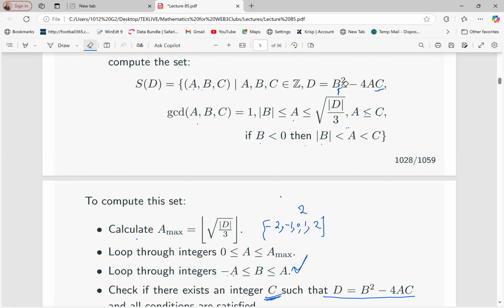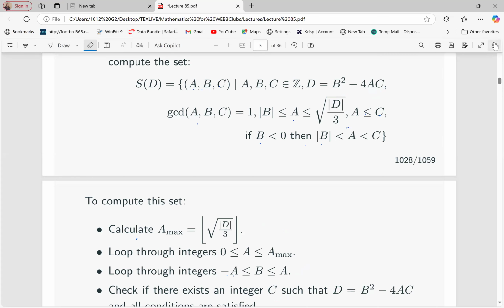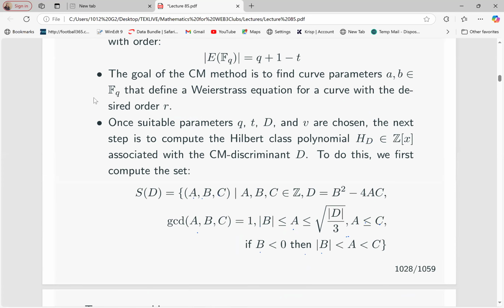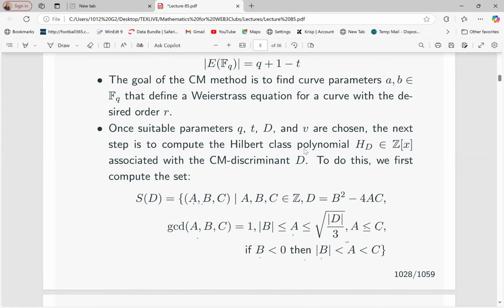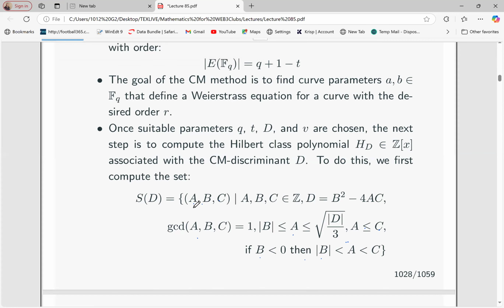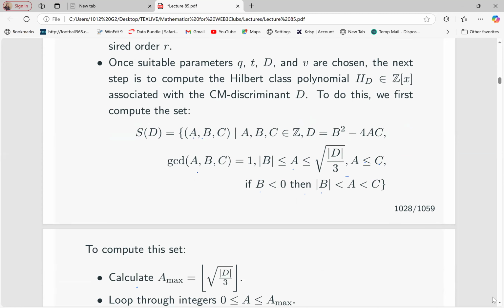At the end of this procedure, you'll have A, B, and C, and that's what we wanted, for us to be able to calculate the Hilbert class polynomial. First of all, we require this set, and I've just taken you through how to come up with this set, the set ABC.